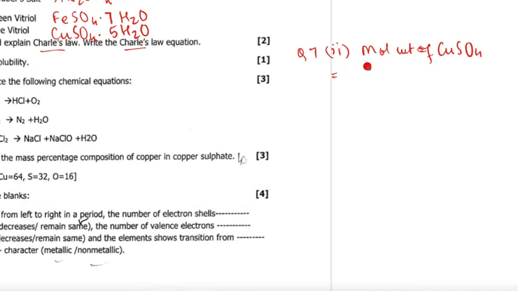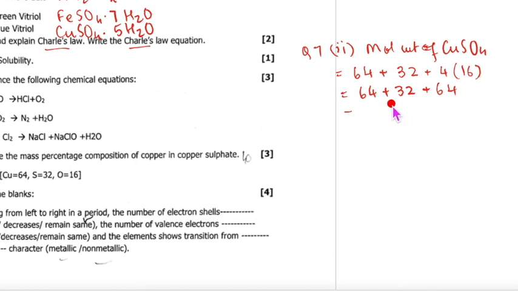So that will be copper means it will be 1 multiplied by 64, that is 64, plus sulfur will be 32, plus oxygen will be 4 into 16, so that will be 64. So 64 plus 32 plus 64, you have 128, 130, 160. So 160 is the molecular weight.